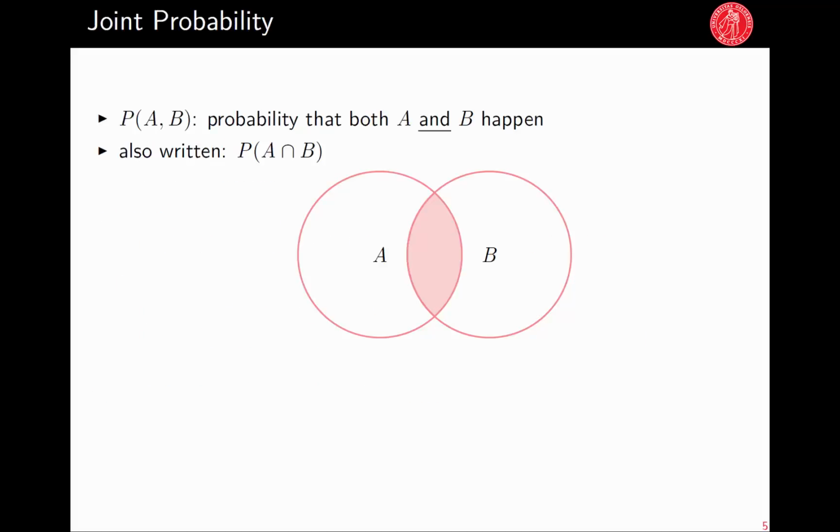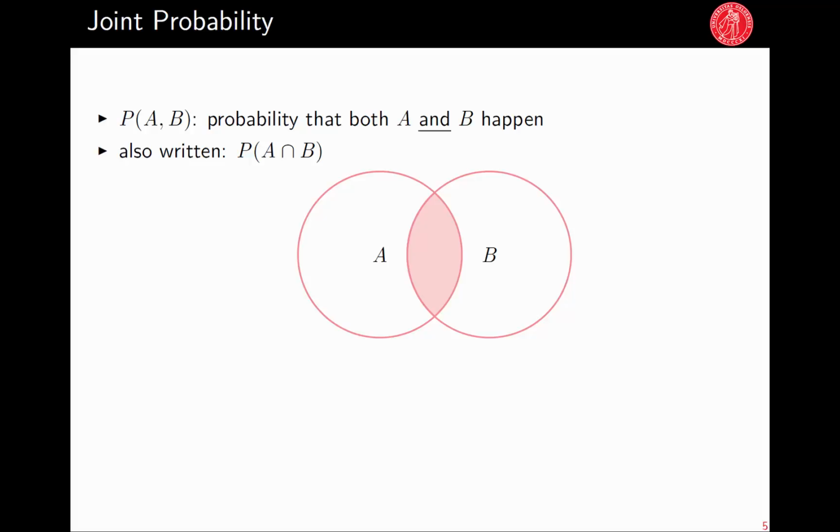Often we'll be interested in the probability of multiple events in different configurations. The most basic is what we'll call joint probability, the probability P of A and B. That is the probability that both A and B happen, which we either can write as a comma or as a set intersection here, because in as much as we can gain intuitions about probabilities, I think it's through Venn diagrams.